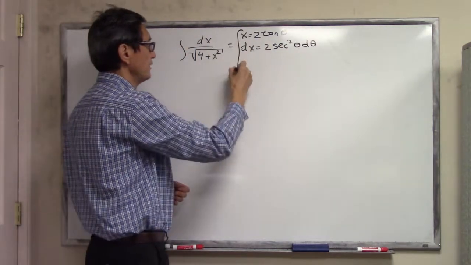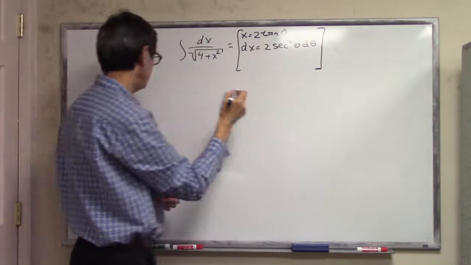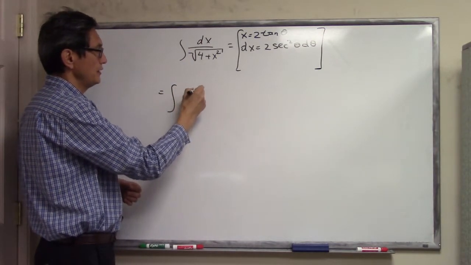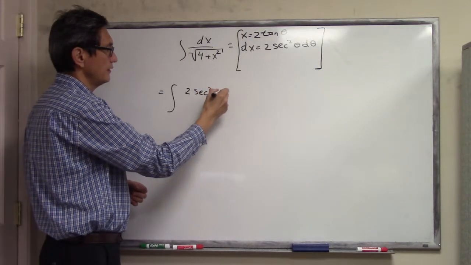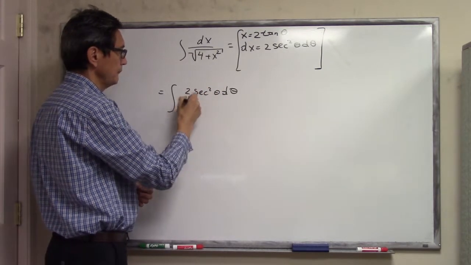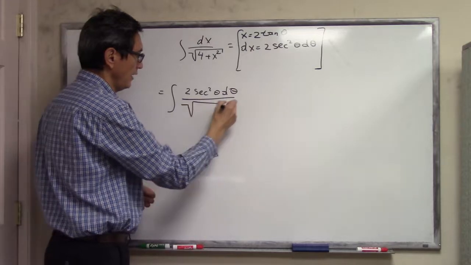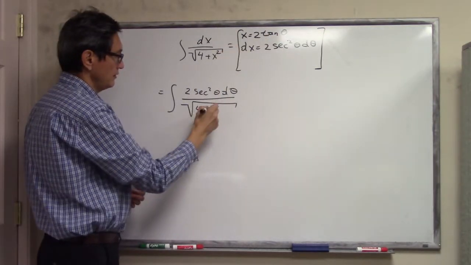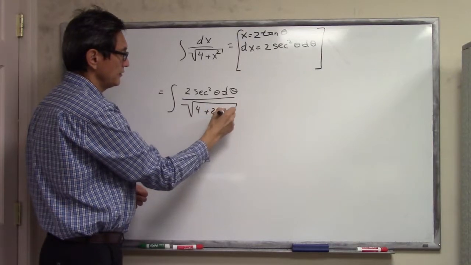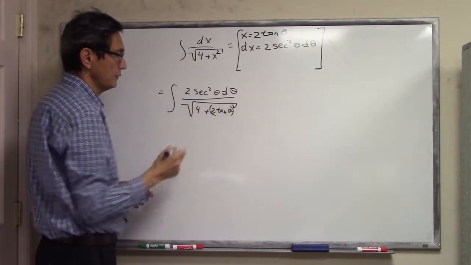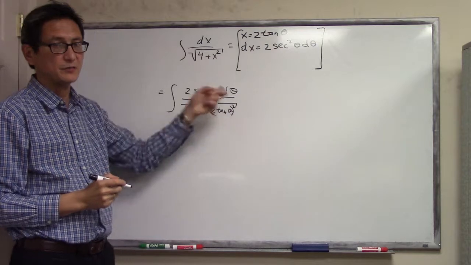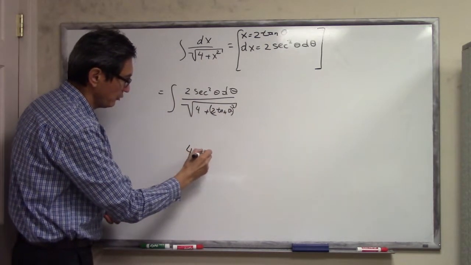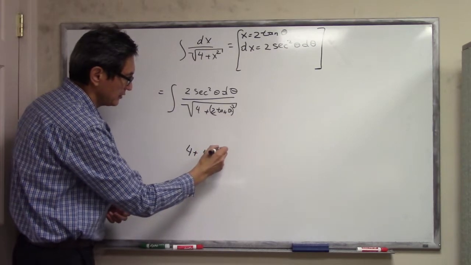Alright, so let's proceed with that substitution. We have 2 secant squared theta d theta over the square root of 4 plus (2 tangent theta) squared. So let's have a look at that expression under the square root. That equals 4 plus 4 tangent squared theta.